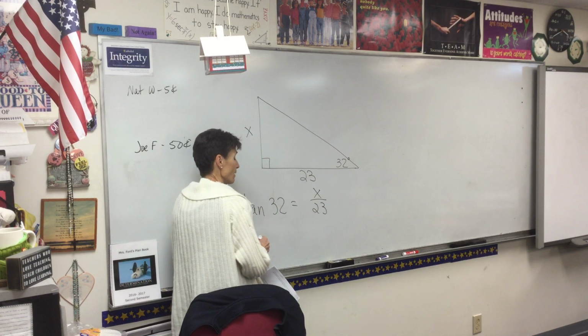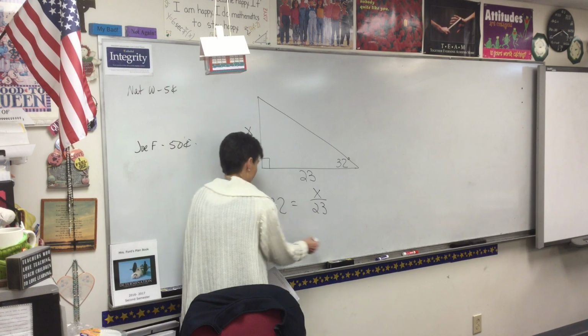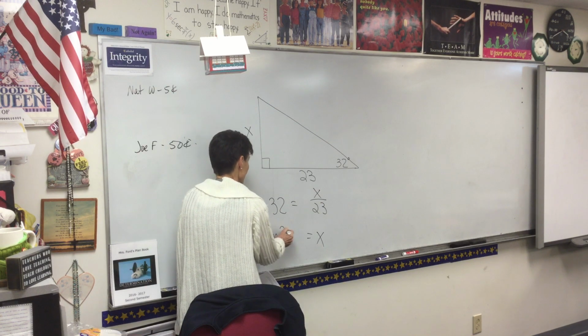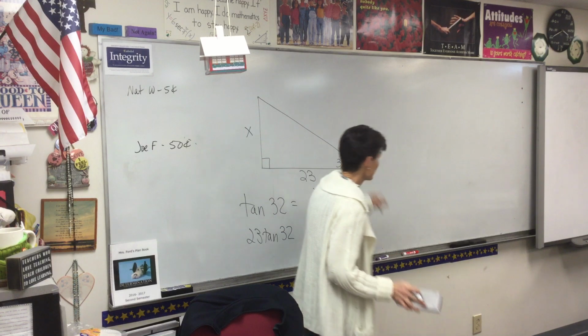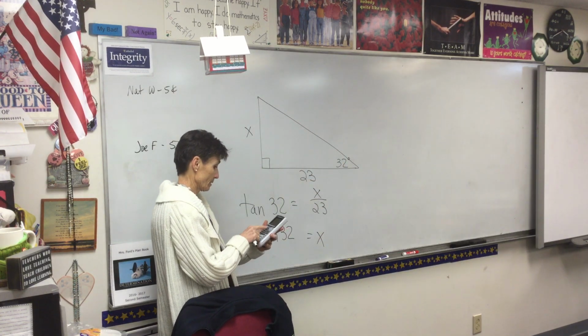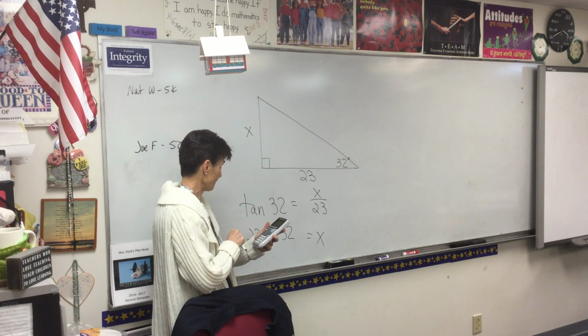Need to solve it now. So x equals 23 tan 32. Make sure your calculator's set in degrees because that is a degree measure. So always double check that before you start. It only takes a second.